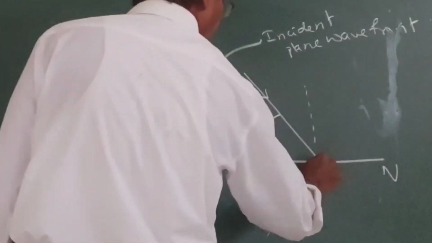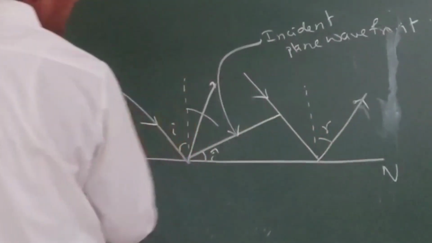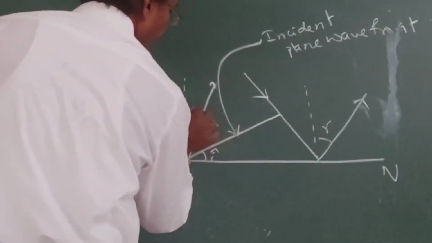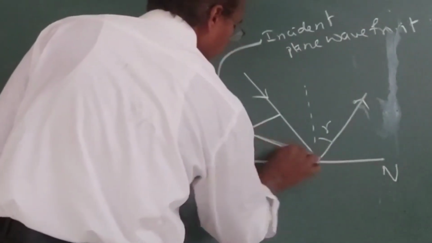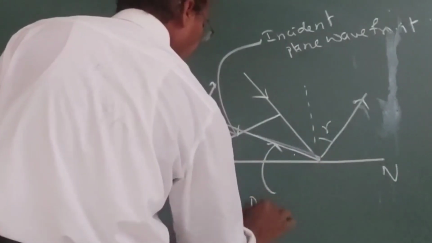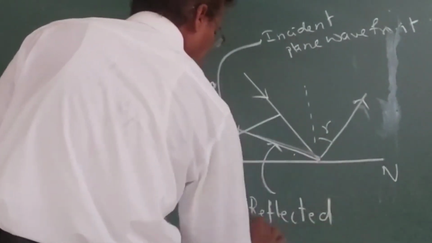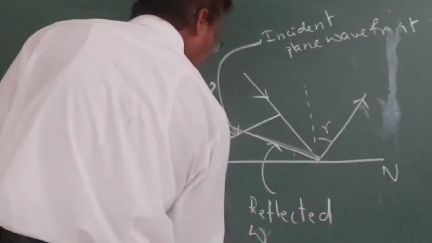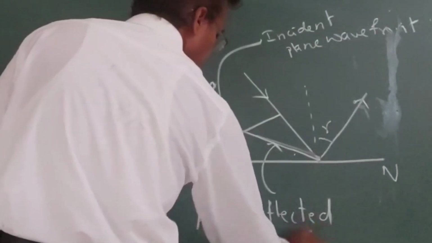This is the reflected ray. Again, if you join this point to this point, we call this the reflected plane wavefront.